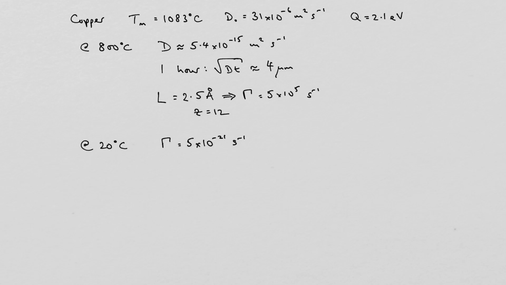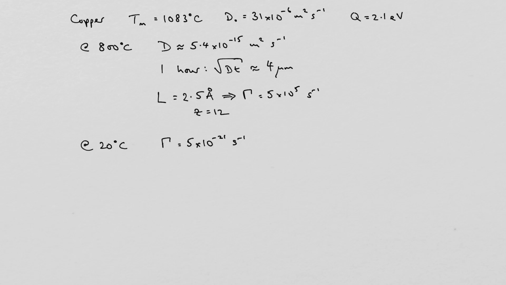The universe is 10 to the 10 years old. Okay? So that tells you that observing diffusion in copper at room temperature is not a productive use of your life, if you're just going to sit there and stare at a single copper atom.